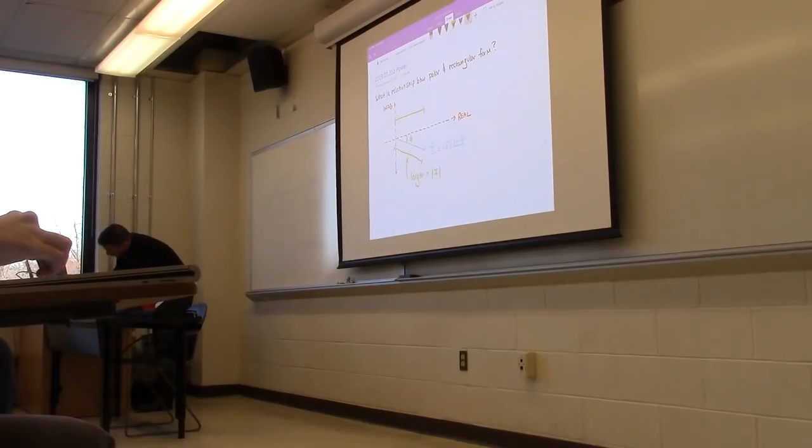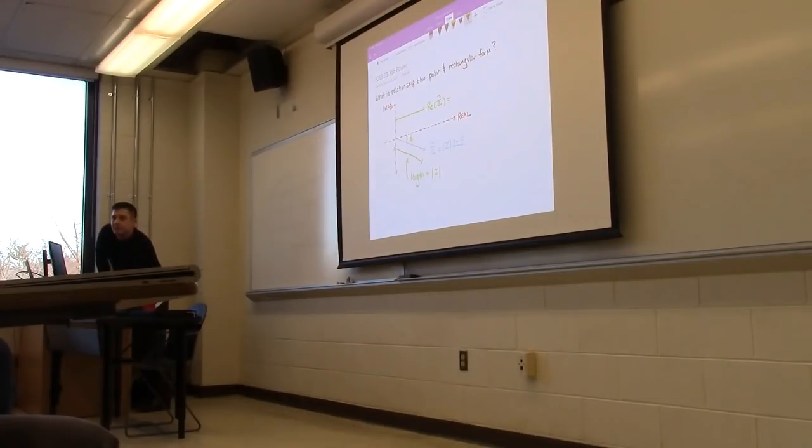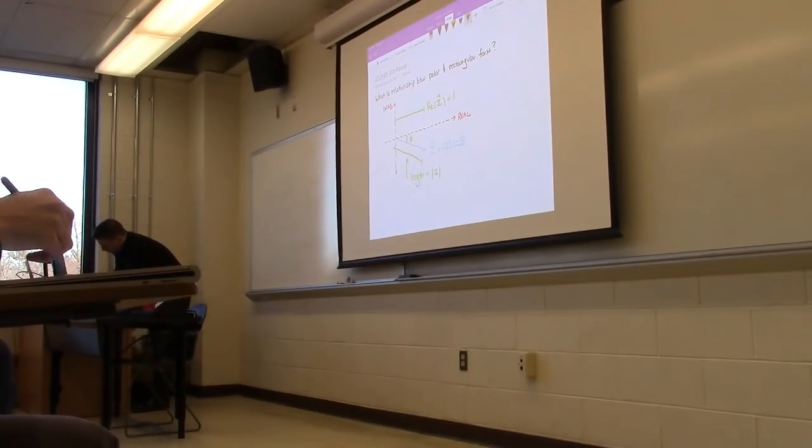So the real component of I will be equal to, anybody know what that is off the top of their head? Magnitude I times cosine theta. Yeah, right. So magnitude of I times cosine of theta.